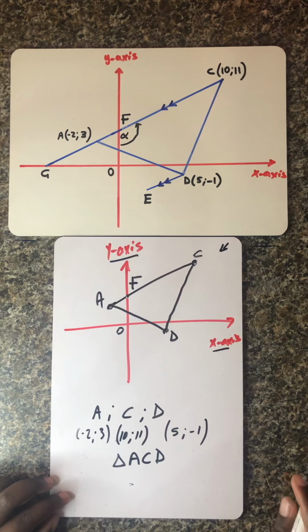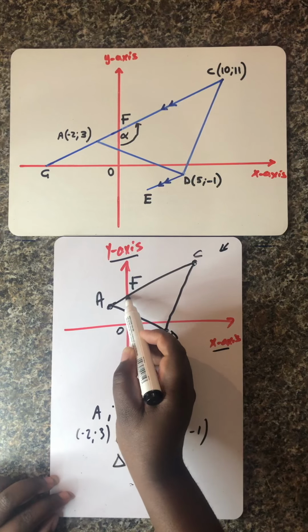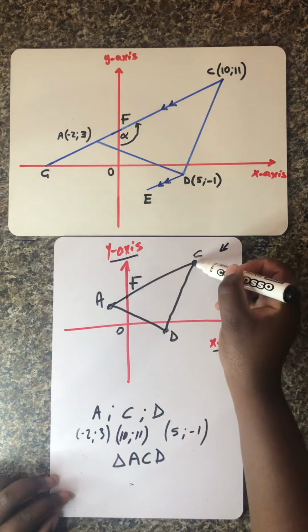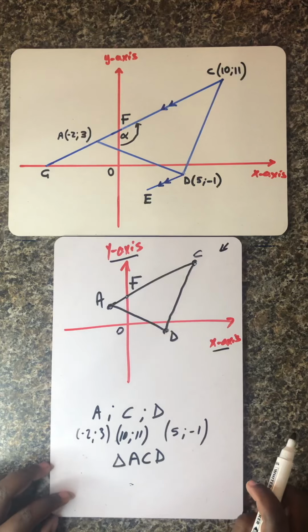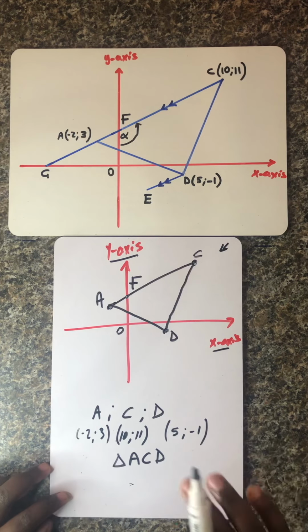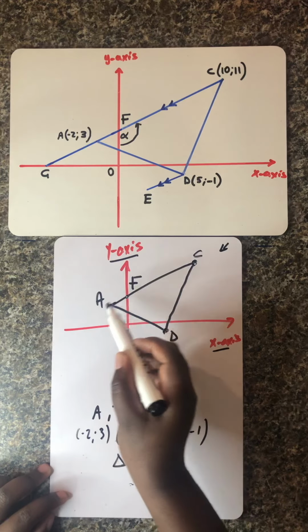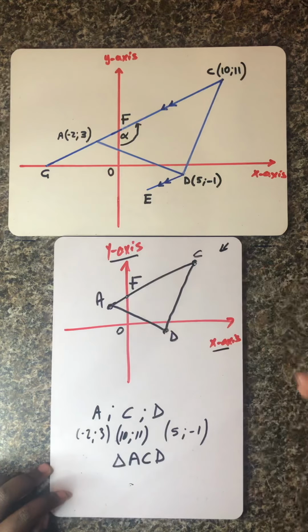So guys, F is the point where the line AC cuts the y-axis. Very much important that you understand this part. So now that means A, F, and C are collinear.